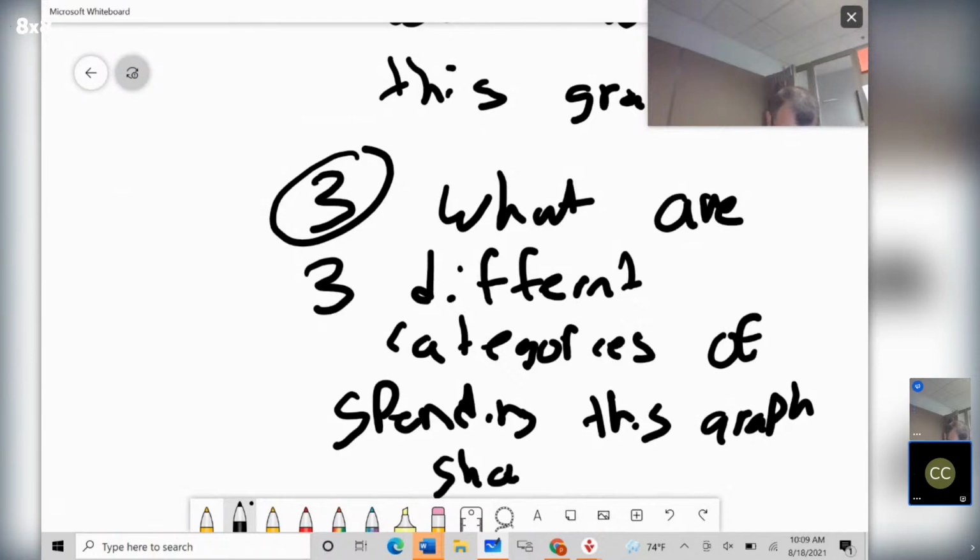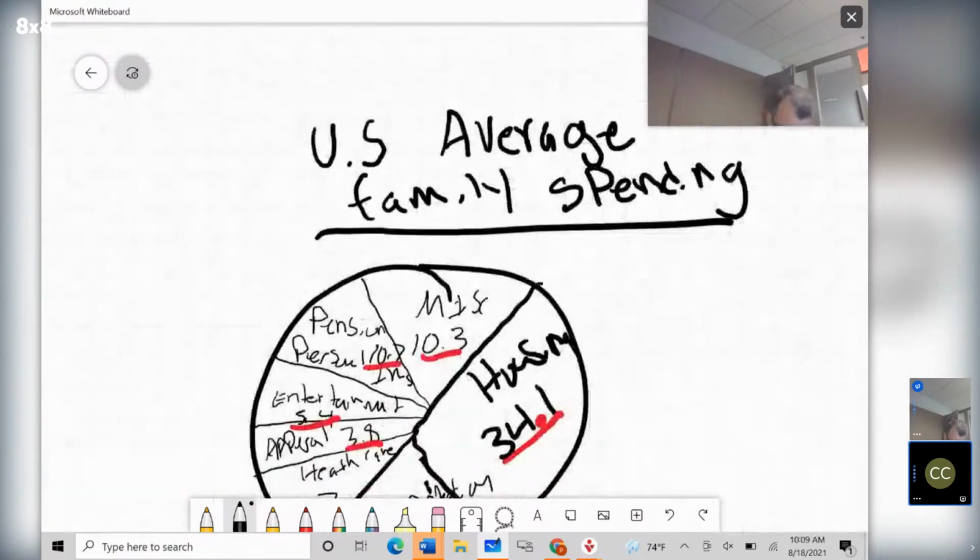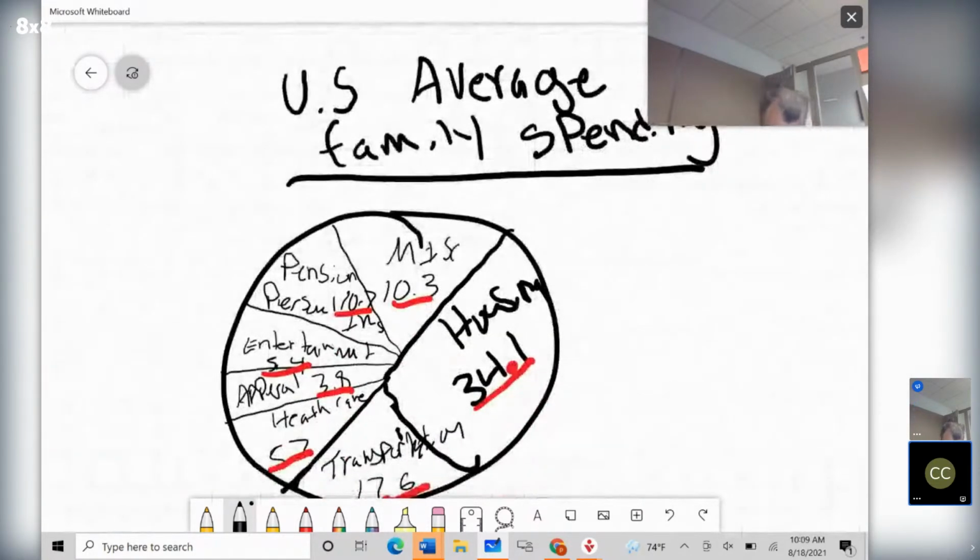Okay. So we go up to this graph, and we just have to look for 3 different categories. So we have housing's one category, transportation's another one, healthcare, apparel, entertainment, pension, and miscellaneous. So there's 7 different categories. So you just need to pick 3 of them.